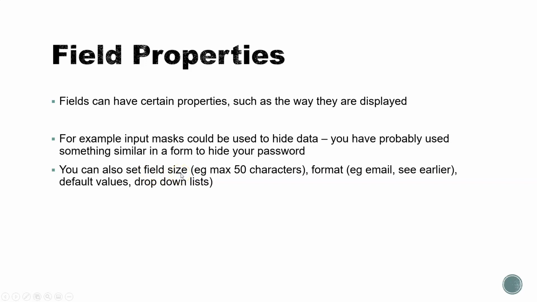You could set a default value to it. You could put a little prompt on there that will allow the user to know what you're looking for when they come to enter it. A number of different things that you can do with that, and all of these are really important when it comes to designing your database.